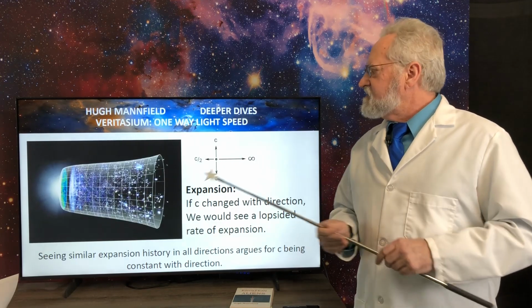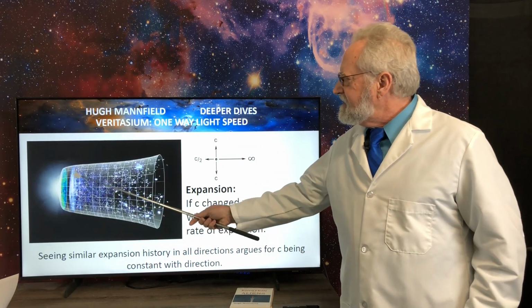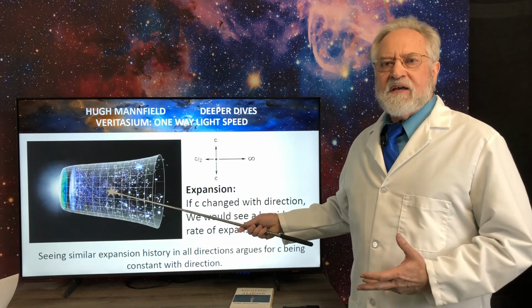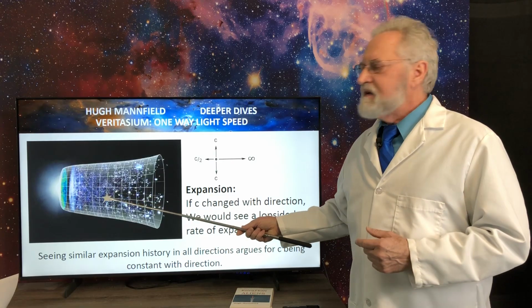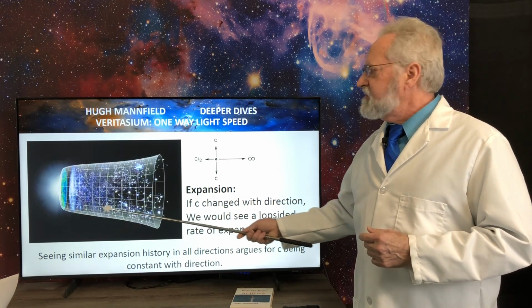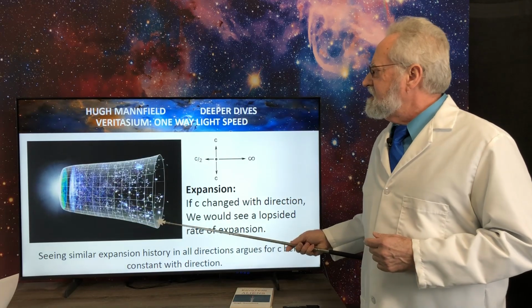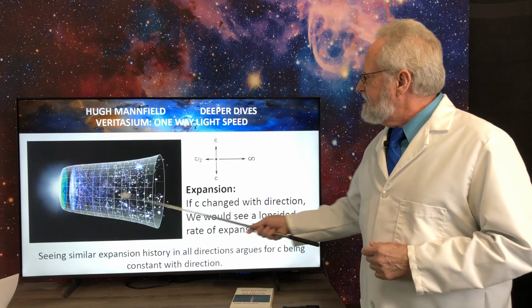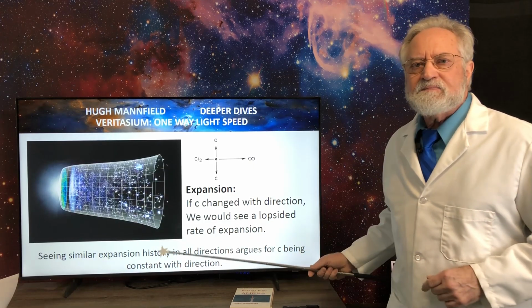As we try to draw a map like this one of the expanding universe, it would be lopsided. In one direction, it would expand at a certain rate, but in other directions, there would be a history of expansion. So you'd have a straight line on one side and curved on the other.